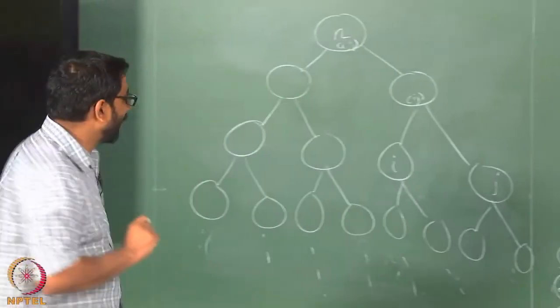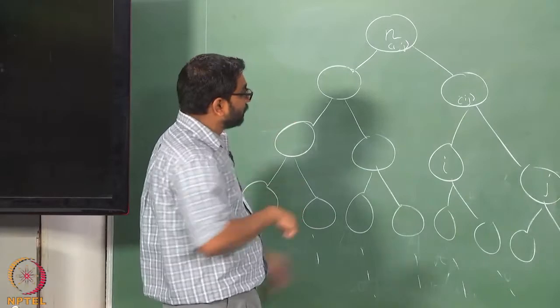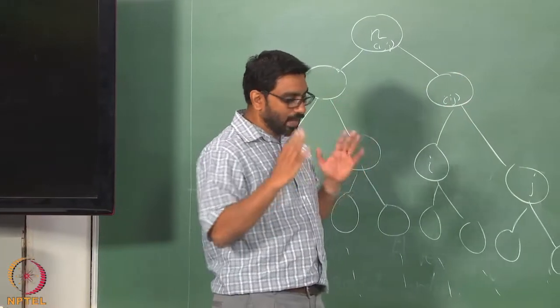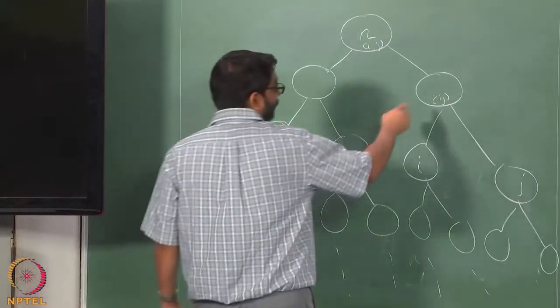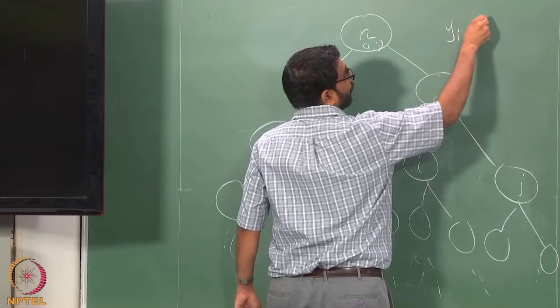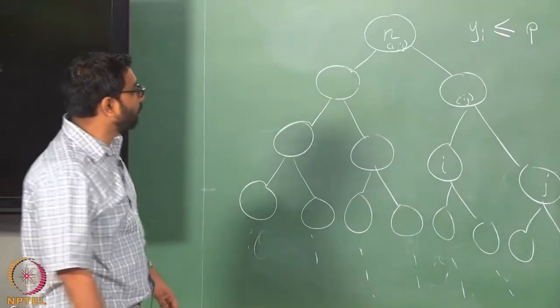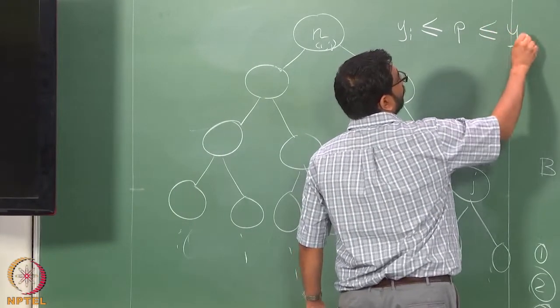What happened? Why did that split happen? Well, it happened because a pivot was chosen, and that pivot has a value that is somewhere between Yi and Yj.